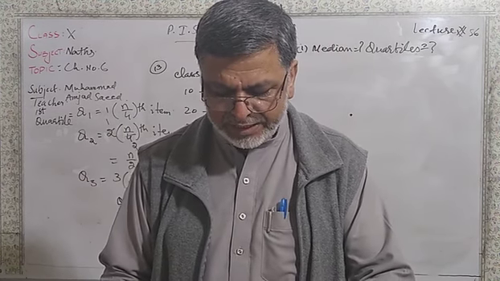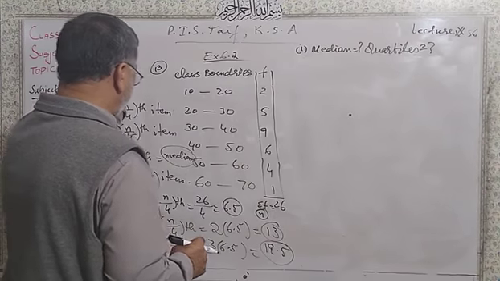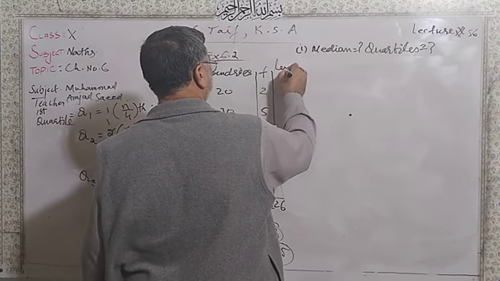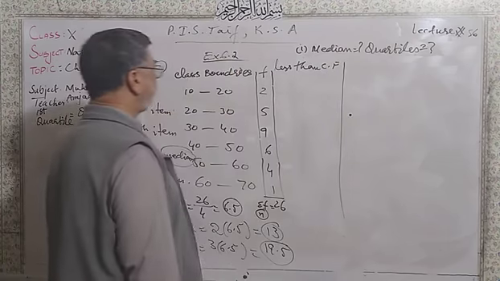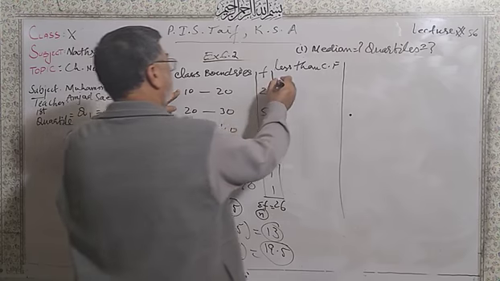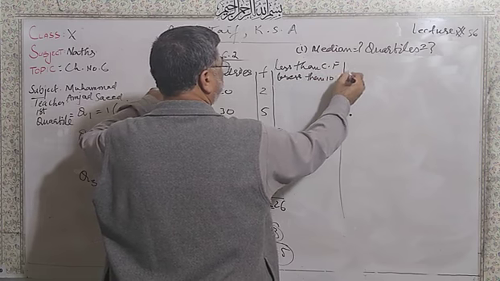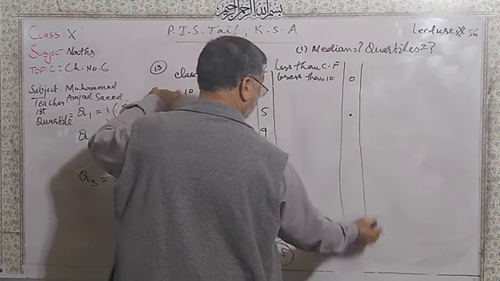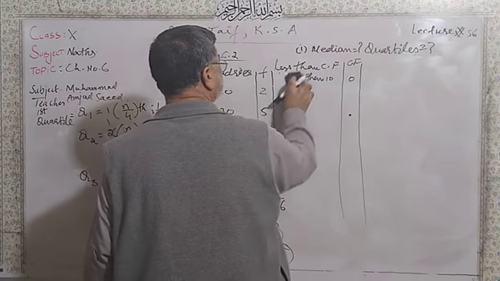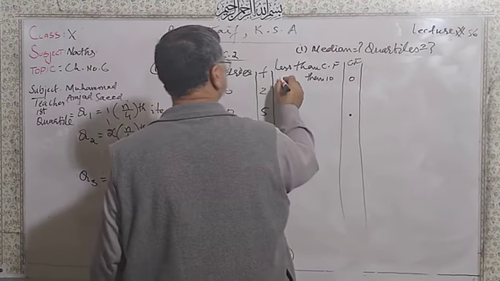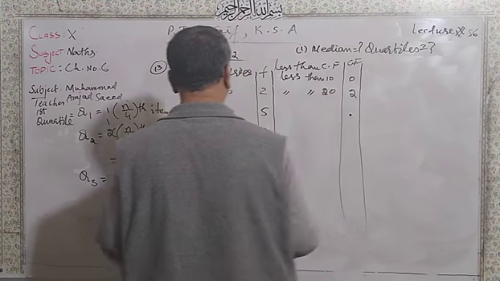After that, we have to write down the less than cumulative frequency table. Here is less than 10, that will be 0. Less than 20 will be 2.